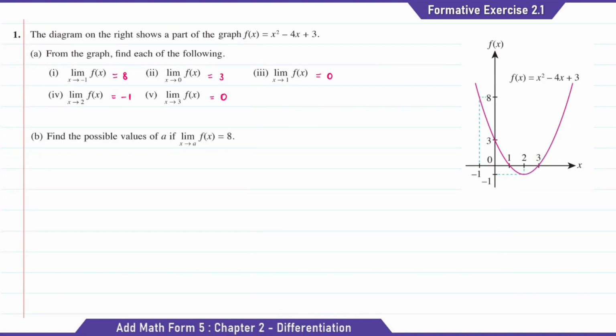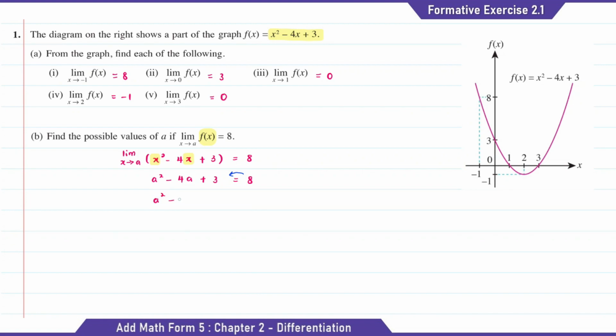Question B. Find the possible values of a if the limit of f of x when x approaches a is equal to 8. So here we can substitute the f of x with x squared minus 4x plus 3. As x approaches a, then we can substitute the x here with a. So this is a quadratic equation. To solve this, first we need to write this in general form.